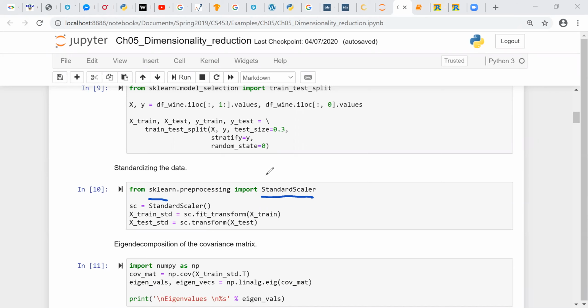Why do we use StandardScaler? What's the reason behind this? One of the other things in data pre-processing is scaling.